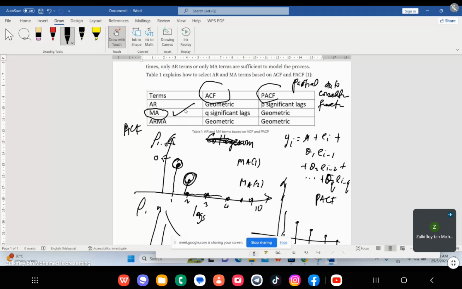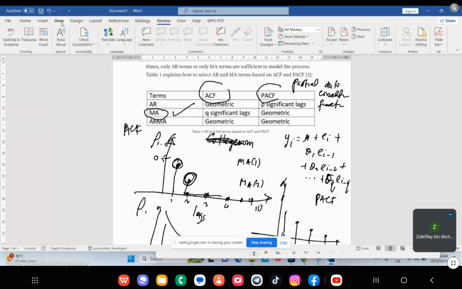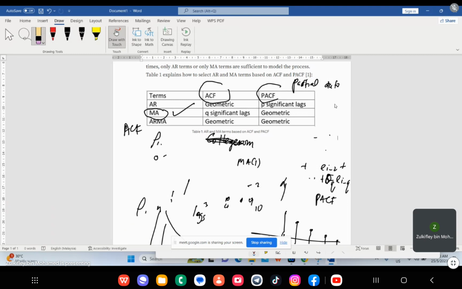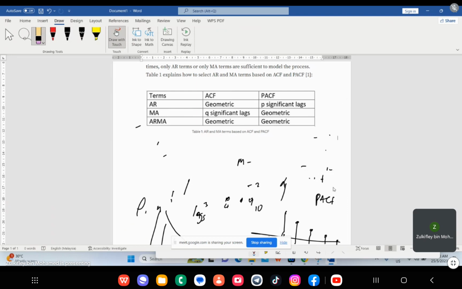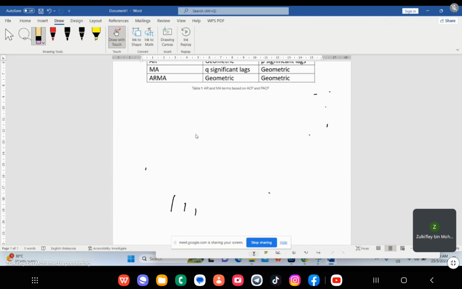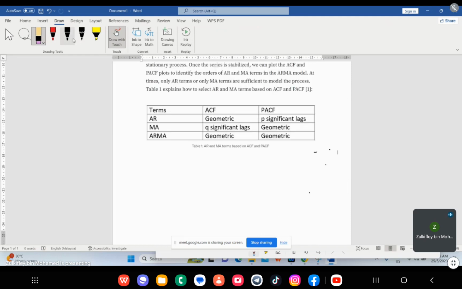Okay. Untuk AR model, ataupun autoregressive model.